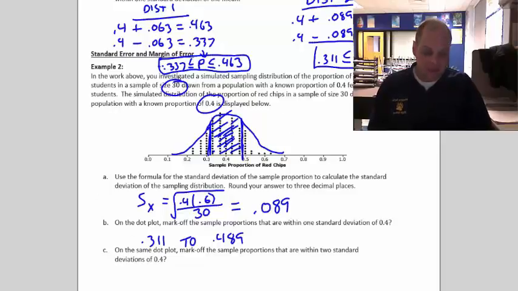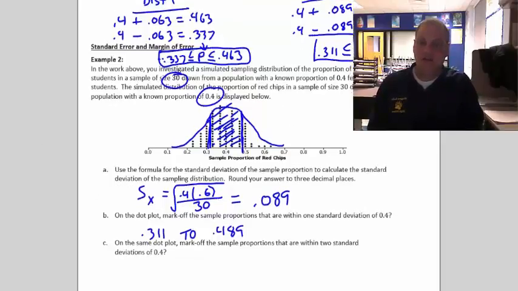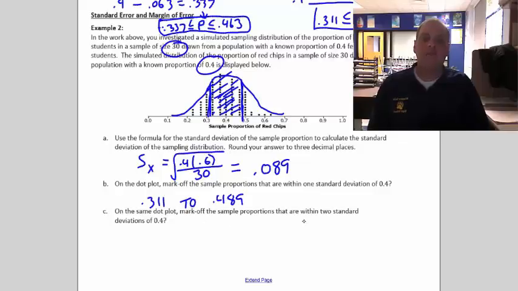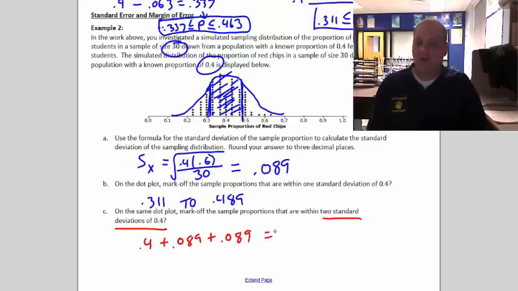Then I'm going to change colors here, and on the same dot plot, mark off 2 standard deviations. To do that, we got to figure it out. 0.4 plus 0.089 plus another 0.089. That comes out to be, I did this ahead of time to save time, 0.578. So this is 2 standard deviations above the mean.